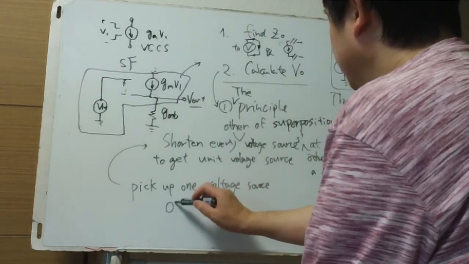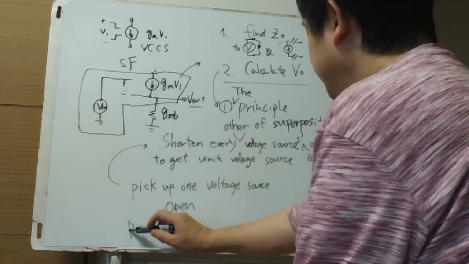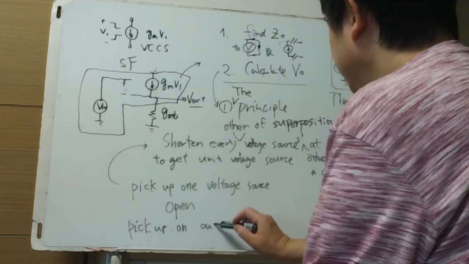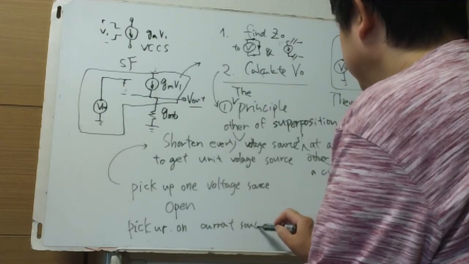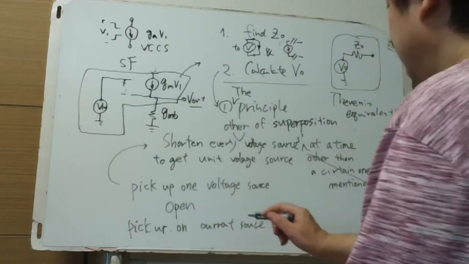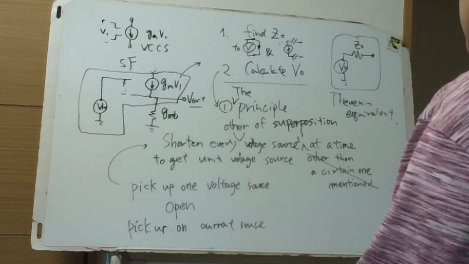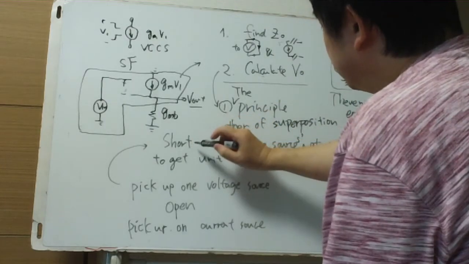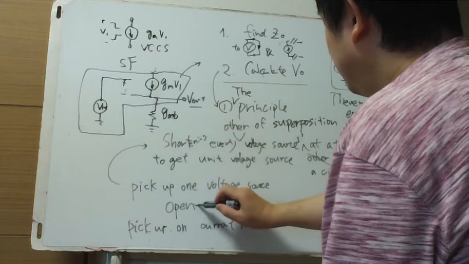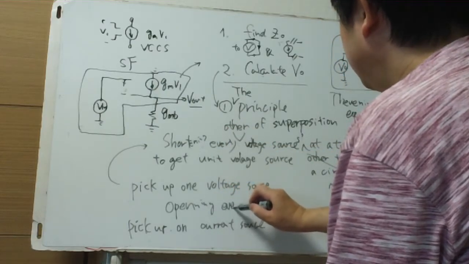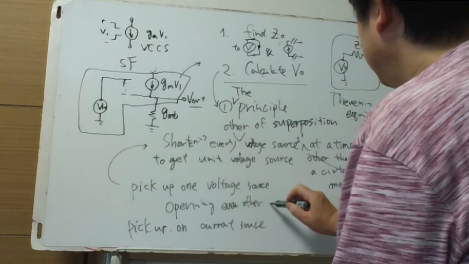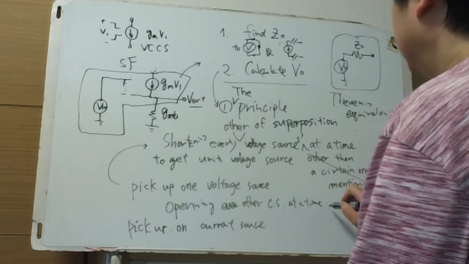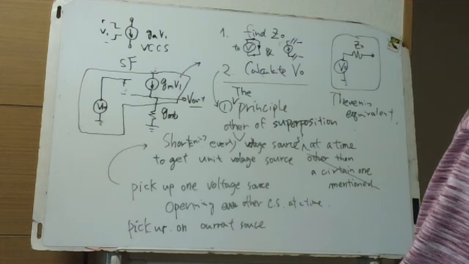And open, pickup after pickup, one current source, opening every other current source at a time, to get a unit current source.